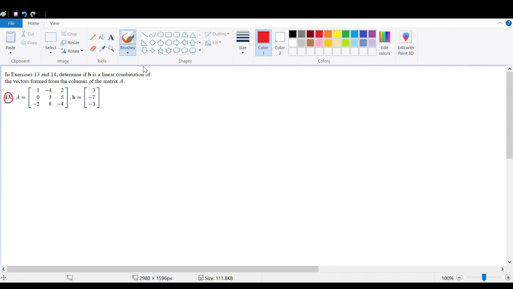So let us rewrite this one as a matrix. So here our matrix will be 1 0 minus 2, minus 4 3 8, then 2 5 minus 4, and here we have the b column 4 minus 7 minus 3.